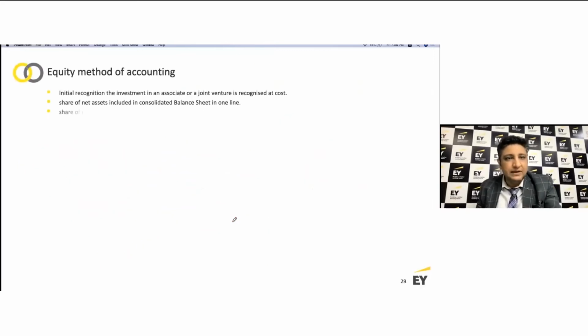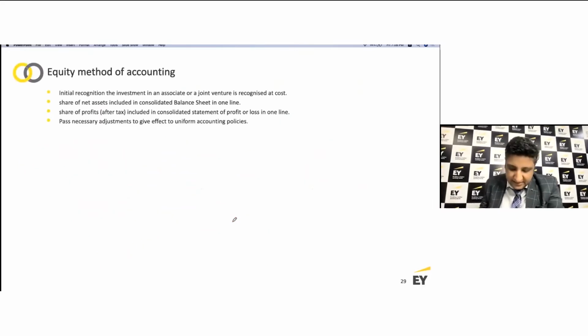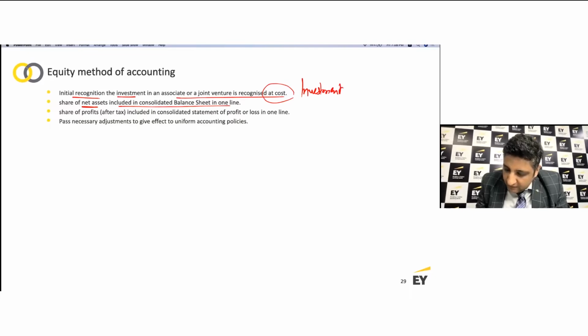So the equity method of accounting suggests that the initial recognition of the investment is done at its cost. And the share of net assets is included in the balance sheet in one line item, which is simply an investment in associate.